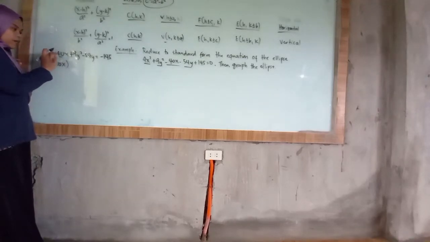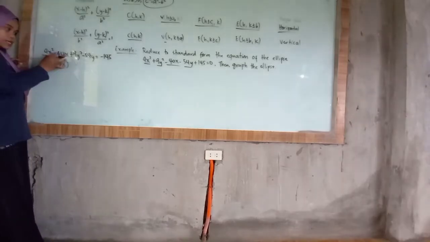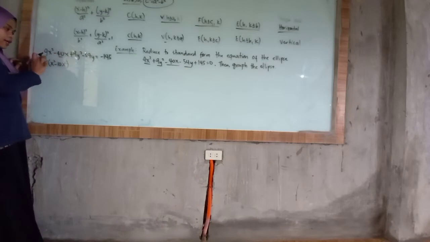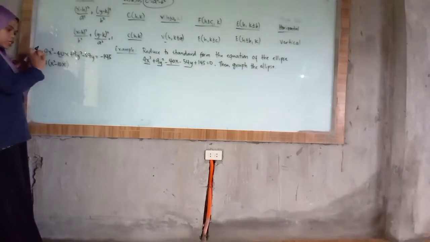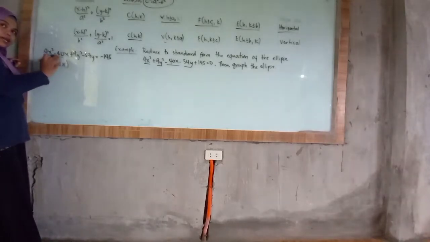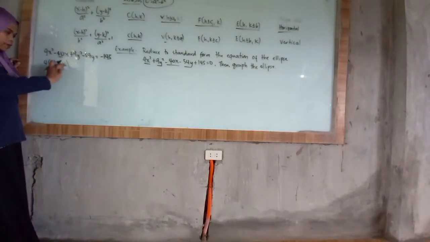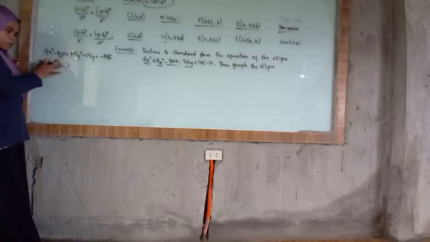Don't forget to divide also the 40 by 4, because they are together, having the same variable x. We factor out 4 because we have to make sure that the coefficient of x squared inside is 1. 4 times x squared is 4x squared, and 4 times negative 10 is negative 40x. So what we did is remove the common factor 4.